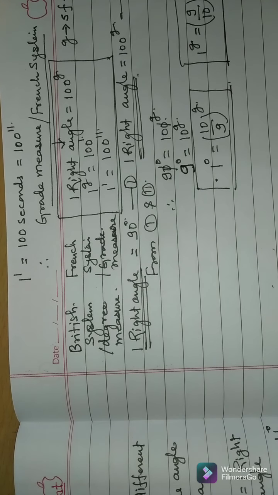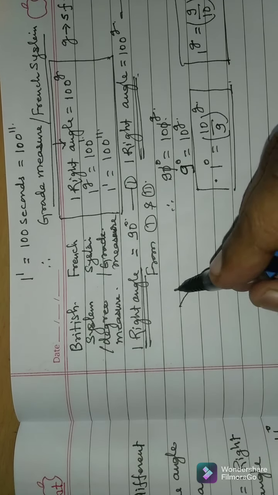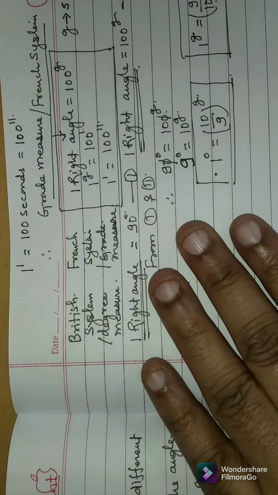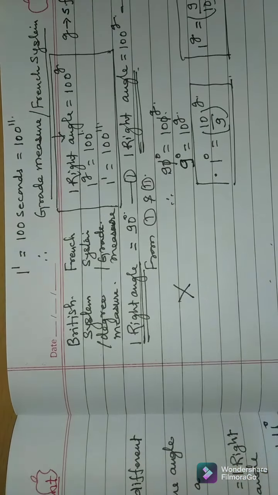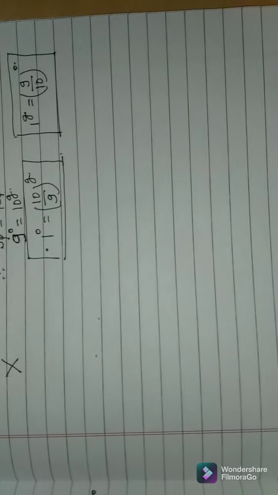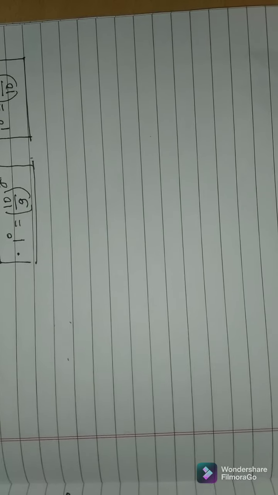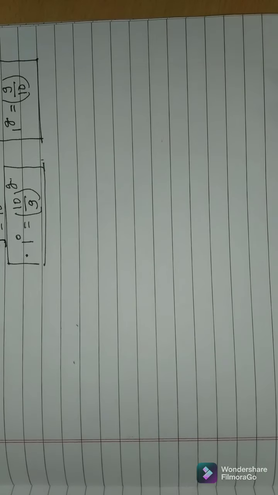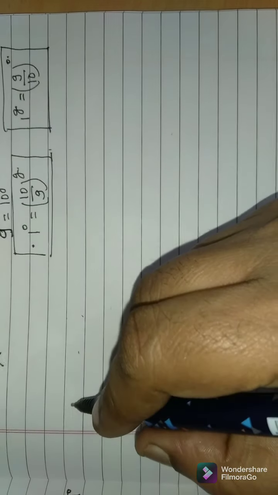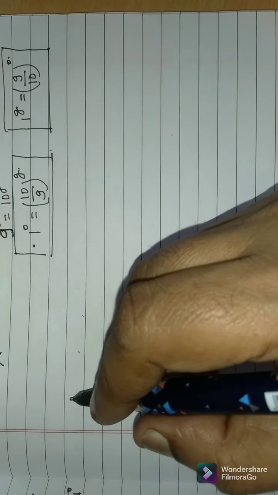But this is not for examination purposes. This conversion will not come. I am coming to the radian measure; the conversion from that system will come. But for information, it is my responsibility to explain.